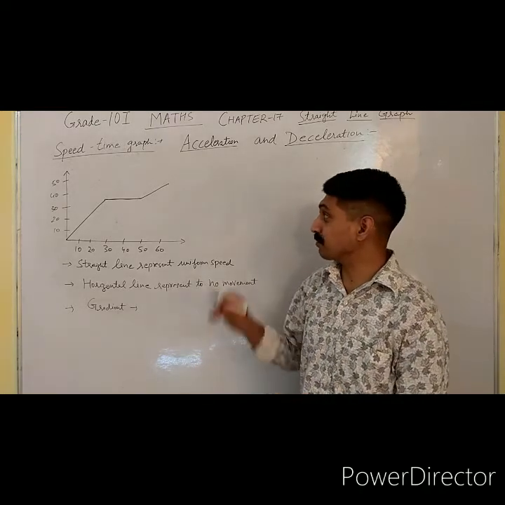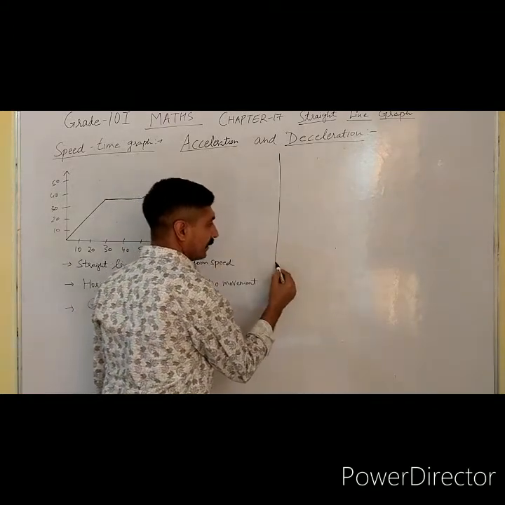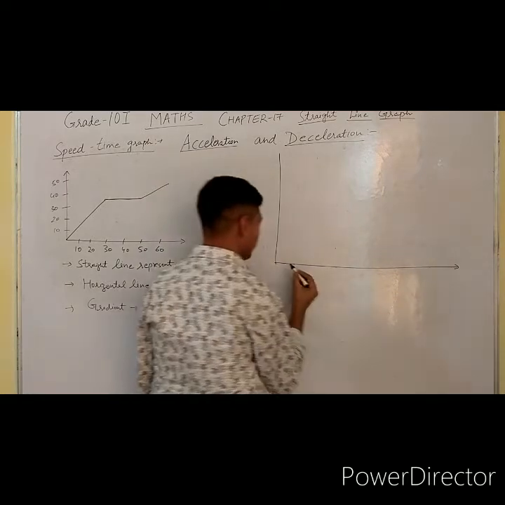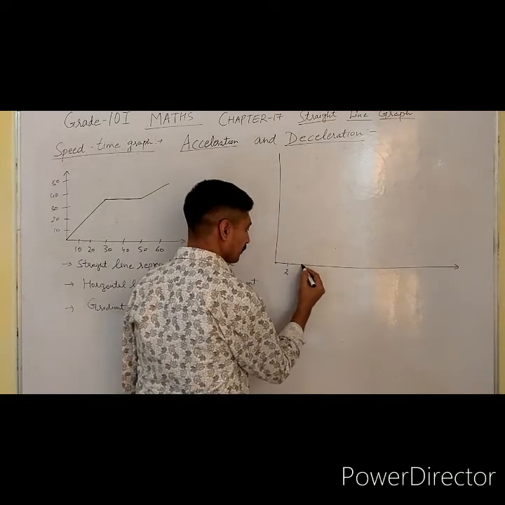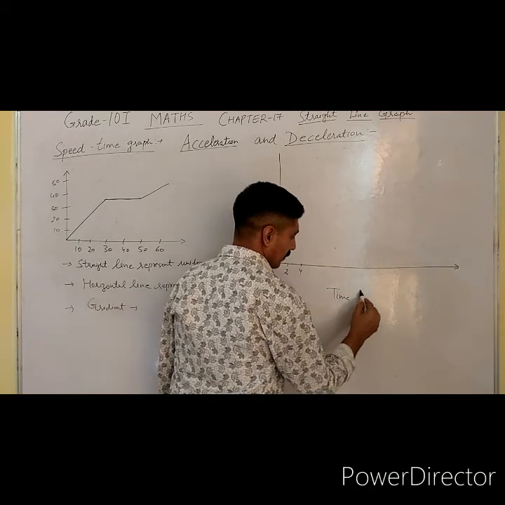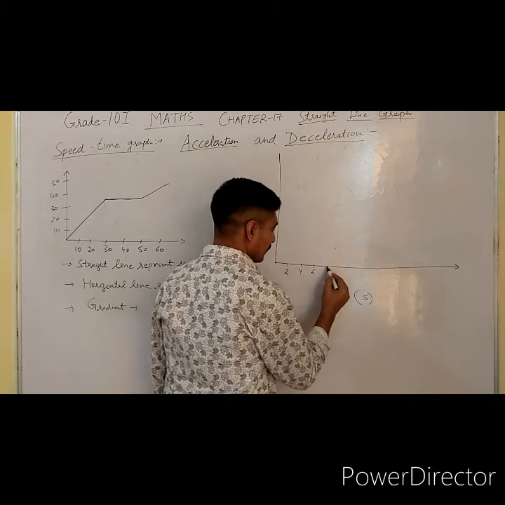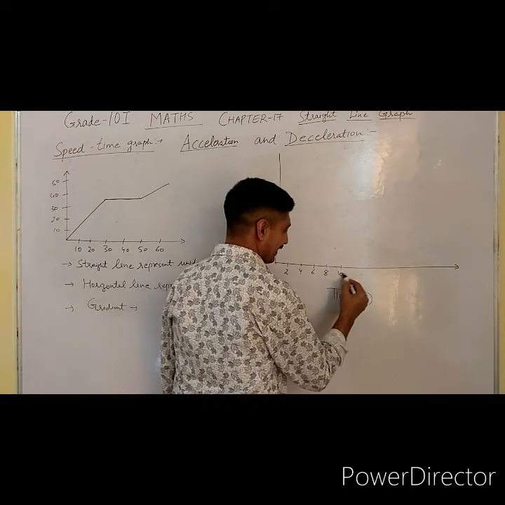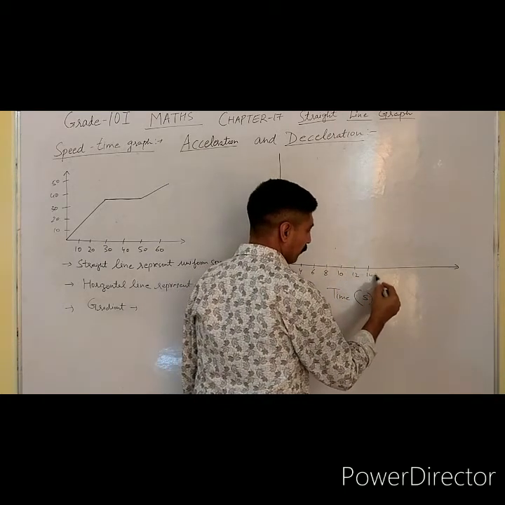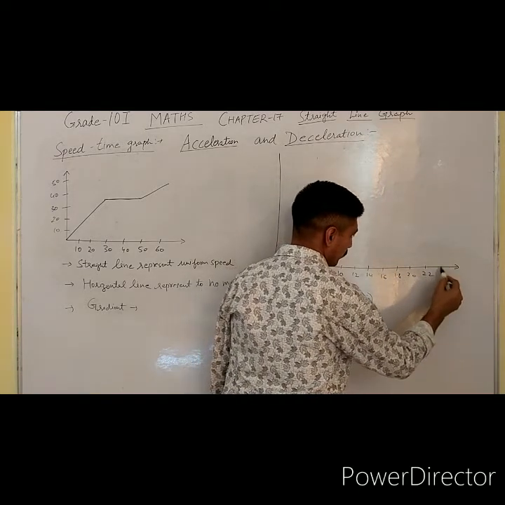Now in a speed time graph, let's take one graph, and here we have a time duration of 2 seconds, with time in seconds: 8, 10, 12, 14, 16, 18, 20, 22, and so on.